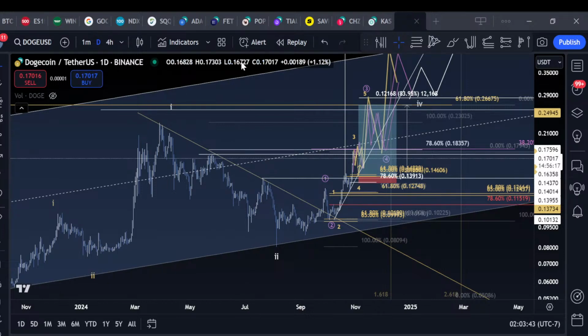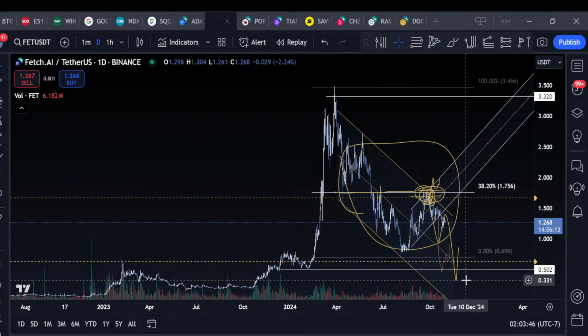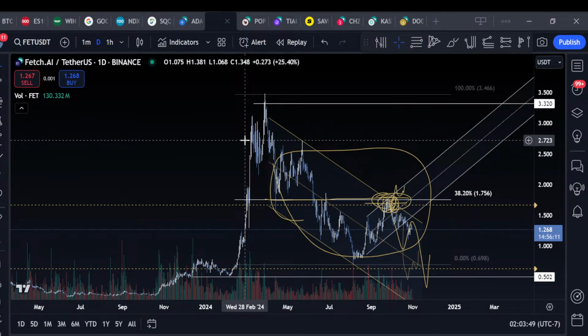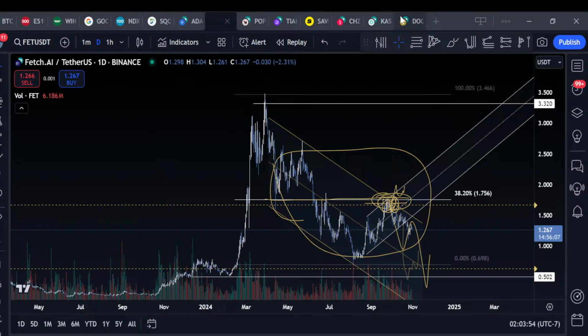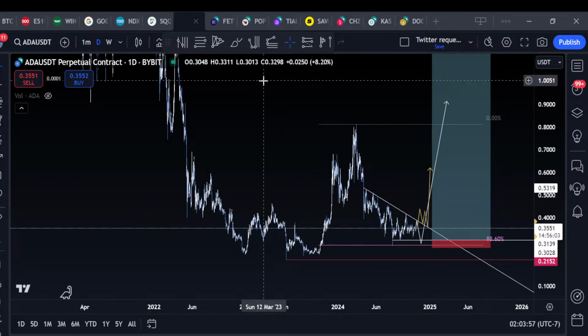Even AI, all that stuff. They've rotated everything into all this, and then this stuff goes back to zero, and all the OG alts that they've sold go straight back up and they end up chasing back into those at the highs. So ADA would kind of fall into that thesis as well, but it's just a narrative thesis. It's not the main reason I would trade it. I'm keeping an eye on Cardano.